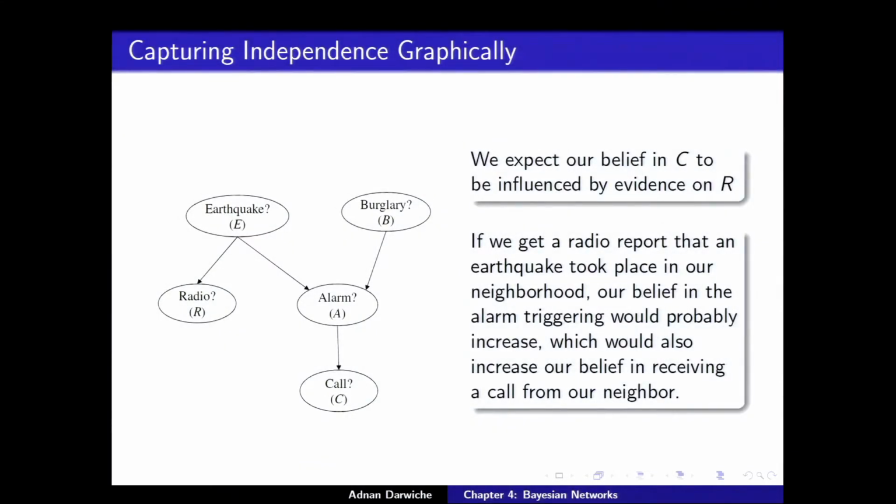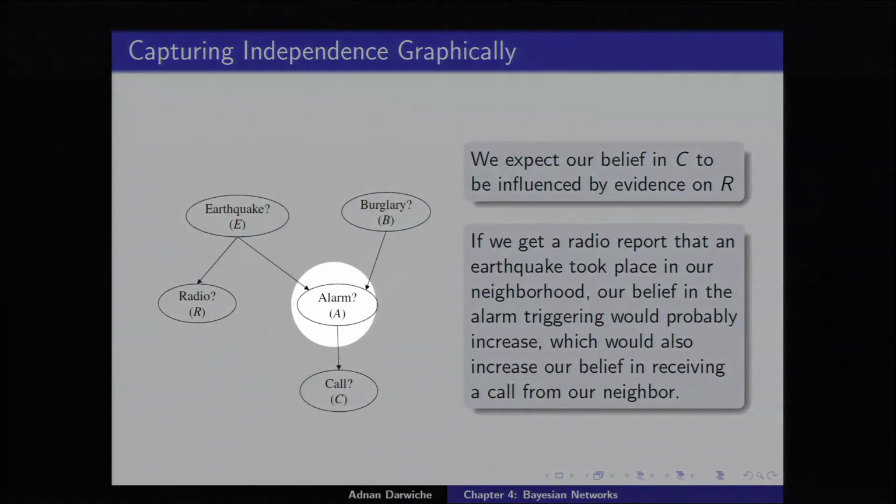However, suppose that for some reason you know for sure that the alarm did not trigger. That's given information, right? You know the alarm didn't trigger. In that case, information about R will not change your belief about C. So basically, C is independent of R given that the alarm did not trigger.